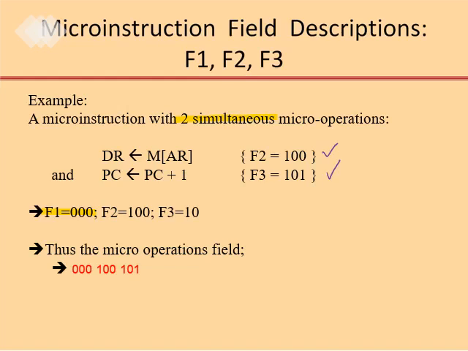And PC plus 1, the counter, sent back to PC, is 101. If you remember, this is T2 in the fetch cycle. These two micro operations occur at one time. So this is one micro instruction with only two micro operation fields, F2 and F3. F1 is 0, so the micro operation fields look like this.